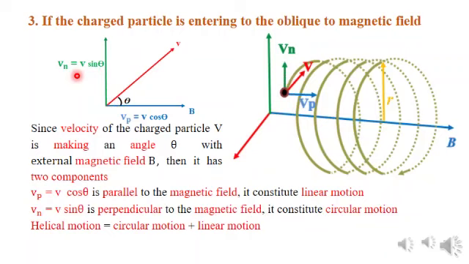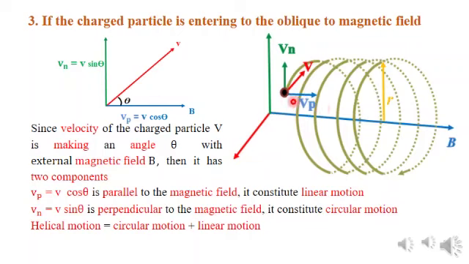The component of velocity Vp along the magnetic field will be same because the angle between the parallel component of velocity and magnetic field is 0. So, there is no force acting along the direction of magnetic field. The charged particle moves along the direction of magnetic field only due to the parallel component of velocity Vp.